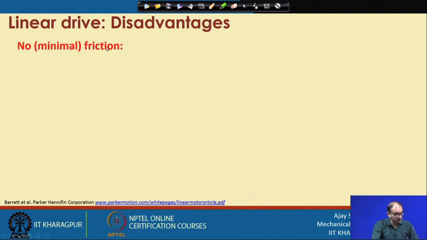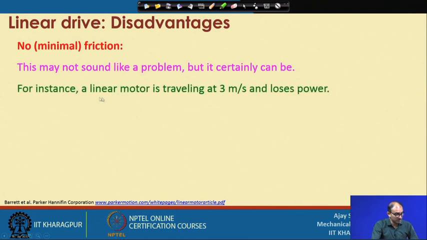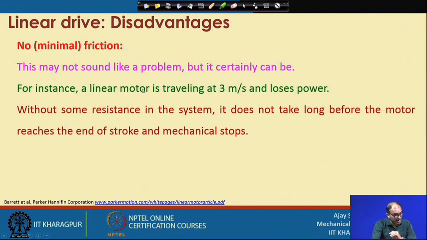Minimal friction is what we require, but sometimes this also creates a problem, because you have to have a little bit of friction. This may not sound like a problem, but it is. Now, consider a situation where the linear motor is traveling at 3 meters per second and it loses power. If you do not have minimal friction, then whatever is moving will go directly to the end position without wasting too much time.